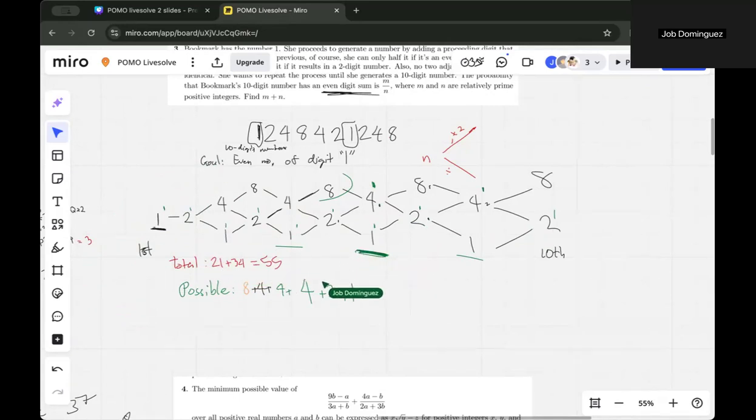Then we will try to count in a different column. One, one, one, one down here, continue here, one, one, there'll be one here, one way for that case.